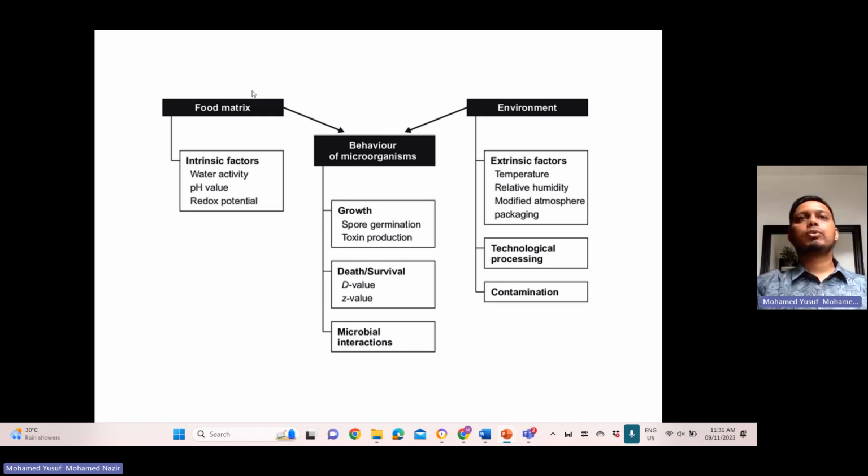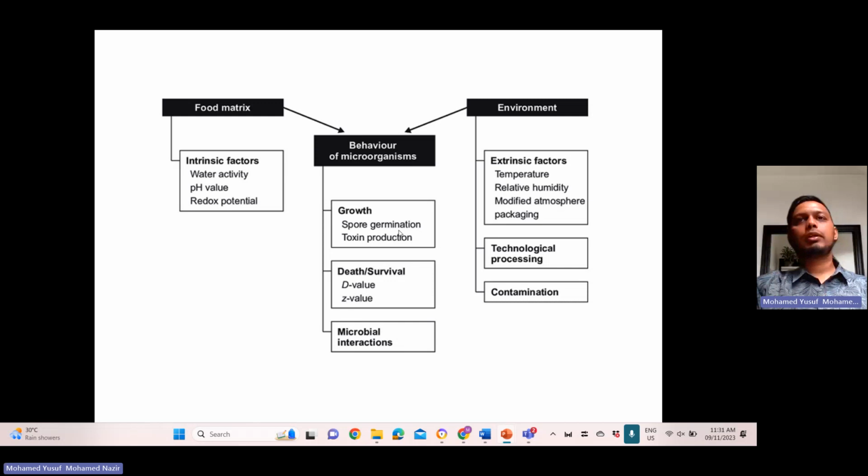Both of these factors will actually determine the behavior of the microorganism. They will determine the growth, the death, or the survival rate, and also the interaction between the microorganisms. If the conditions are favorable for the growth of the cell, obviously the growth will be optimal.